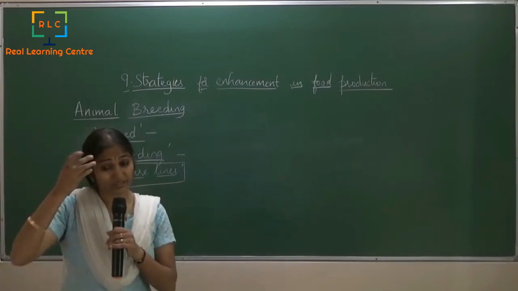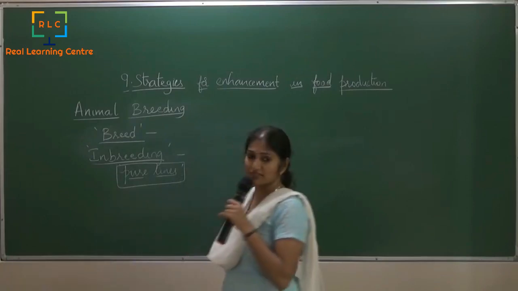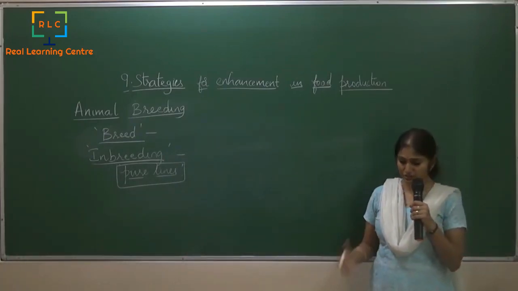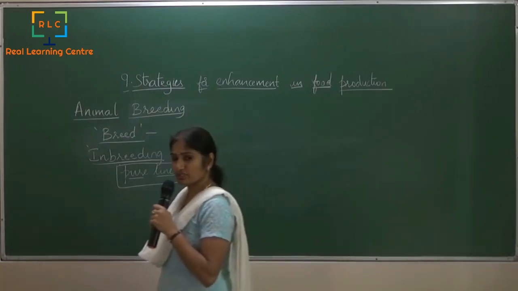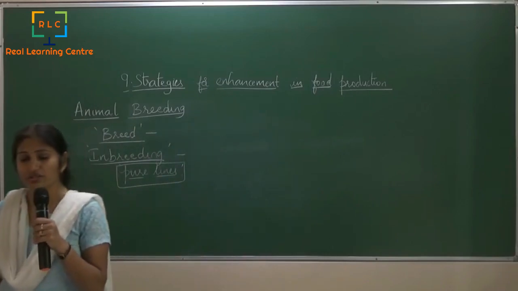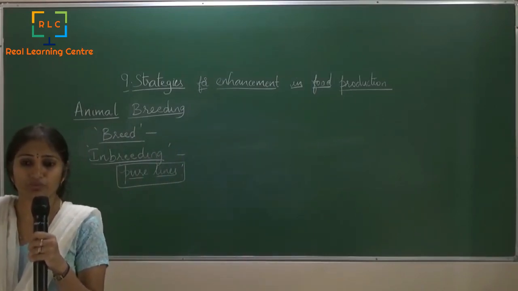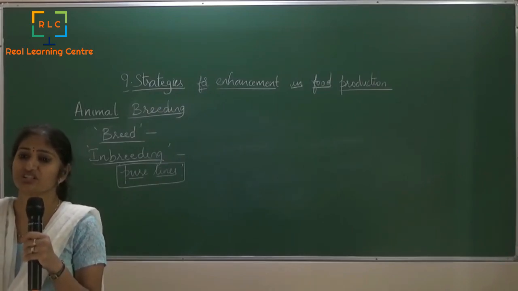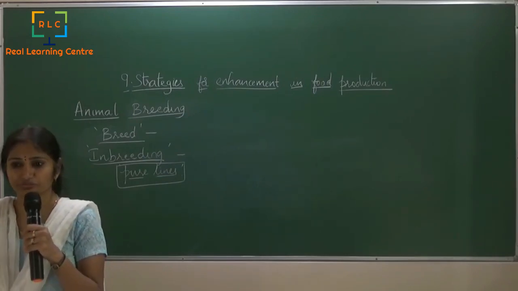But along with that, you should know that it has some problems as well. Okay, now in the process of trying to see that there is homozygosity, in the process of trying to see that some kind of trait is attained, the chance of exposing the harmful recessive genes is high. Okay, right?